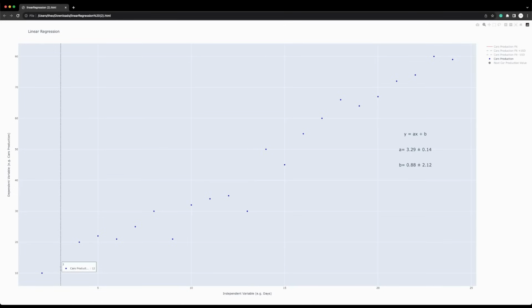The blue dots represent the number of cars that this company makes per day. For example, on day 3, they manufacture 12 cars, on day 5 it was 22, on day 8 it was 30.